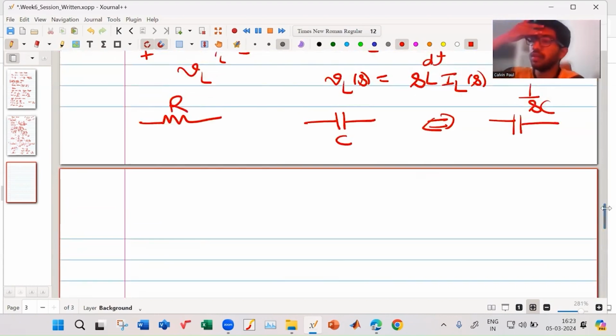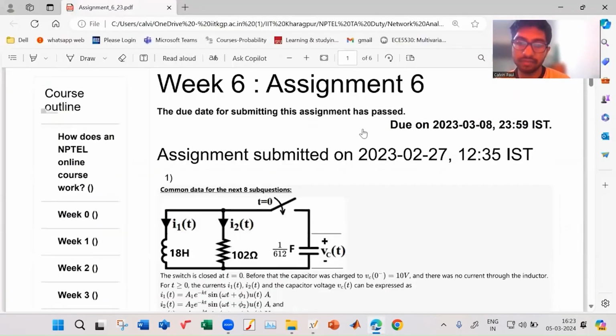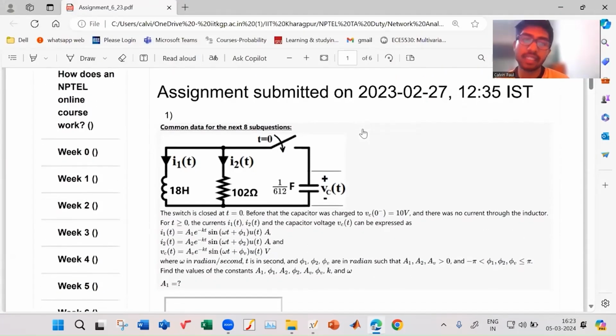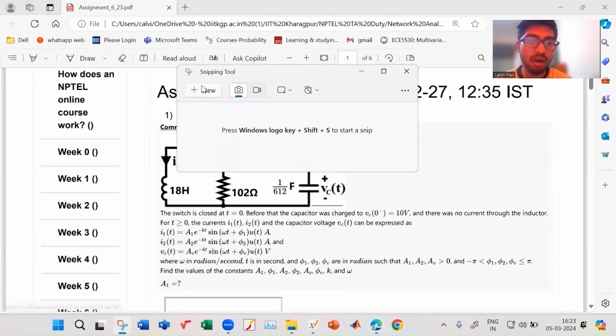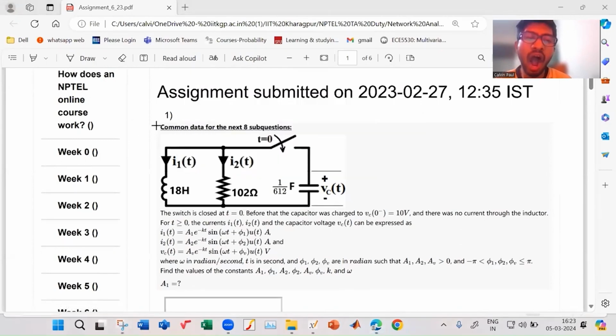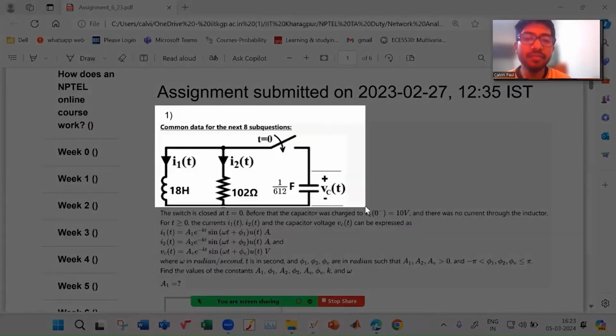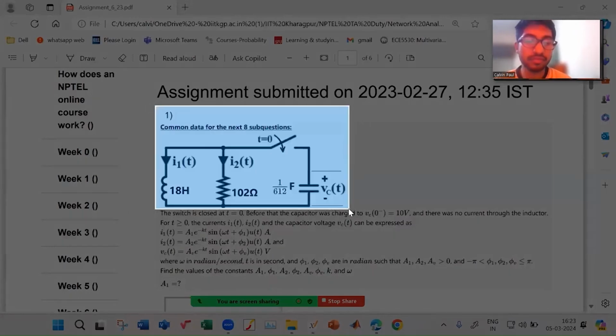So now let us start solving the sums. If we require some theory, I will teach it there. Let us consider this sum.